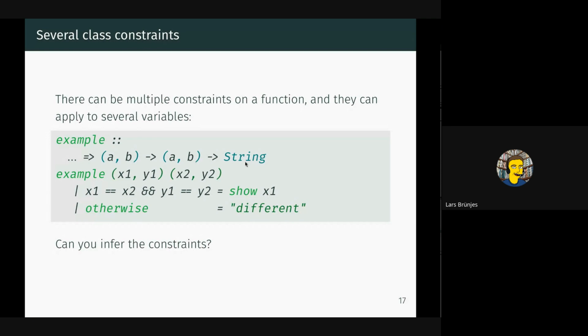And two cases: if x1 equals x2, this makes sense because both are of type A, and if y1 equals y2, we want to show x1, and otherwise we want to return the string different. Can somebody tell me what constraints we need for this to compile?